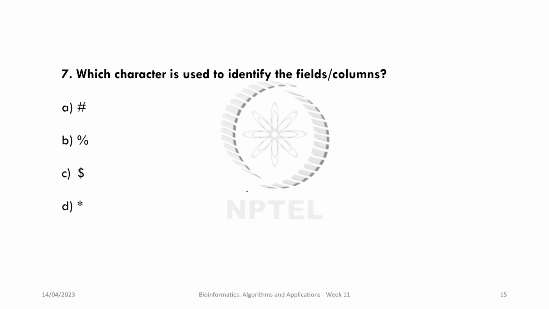Question 7. Which character is used to identify the fields or columns? Straightforward question, so I'm expecting more answers here. Option A hash, B percent symbol, C dollar, D star. Which character is used to identify the fields or columns?